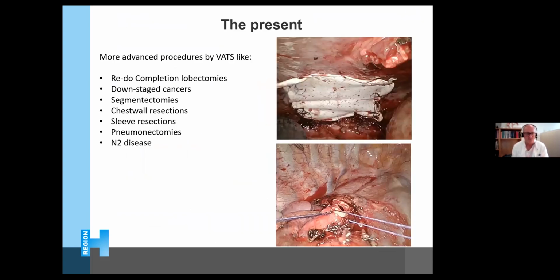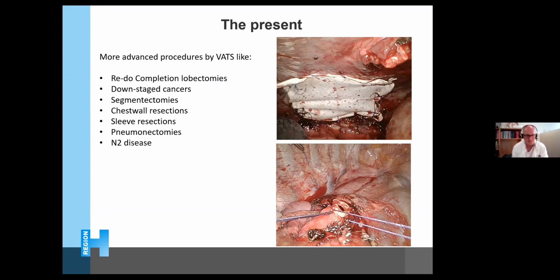And that leads to the present, where you can deal with redo lobectomies, patients with former chemoradiotherapy, segments, selected chest walls, selected sleeve resections, selected pneumonectomies, and minimal N2 disease. And lately, we started doing the first VATS lobectomies in patients who had former COVID-19 infection.